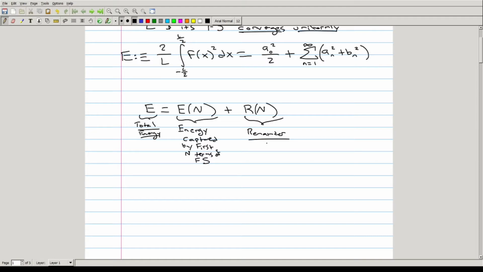And the idea is that the closer E of n is to the total energy, the closer the Fourier series will be to representing the actual function f of x.